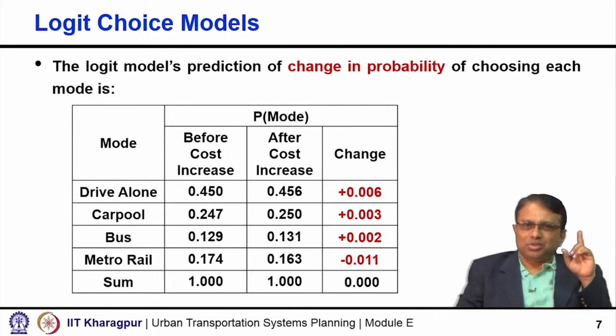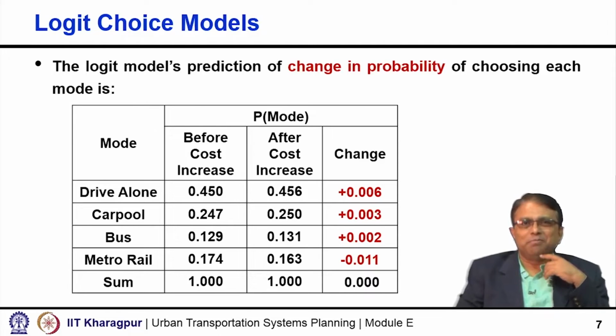Before cost increase and after cost increase, these ratios of probabilities are to be maintained. They are independent of what is happening to metro. So, for example, the ratio of probability of using drive alone and carpool before and after metro will remain the same, because the utility of drive alone and carpool has no change.